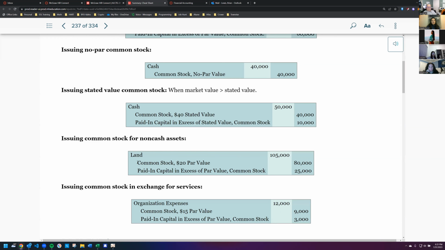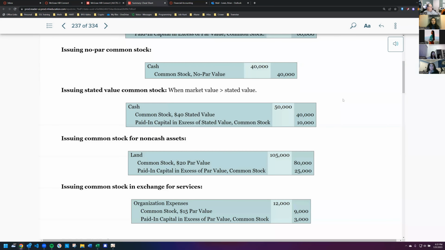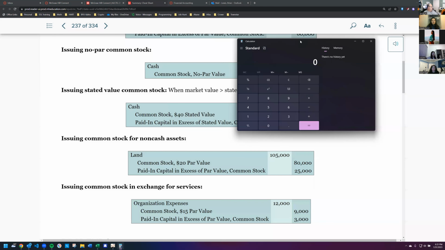You can always reverse engineer how much stock has actually been sold. So you can always reverse engineer how many shares are outstanding. If I take 80,000 divided by 20 par value, I know that 4,000 shares have been issued by the company.